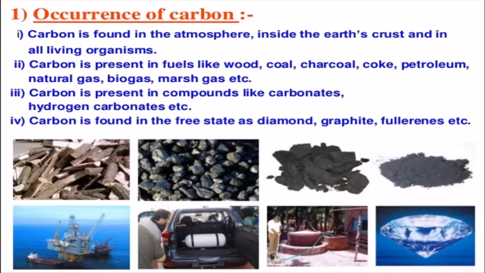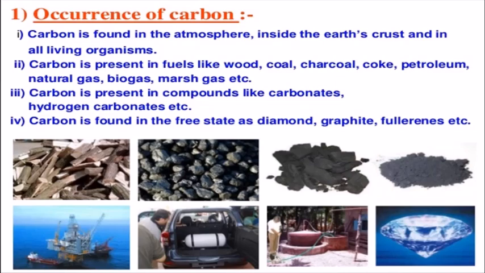Now carbon dioxide, which is present in the air, can also be present in other forms such as calcium carbonate, like marble. Whenever you find any substance which contains carbon, it means it is having carbon in it.